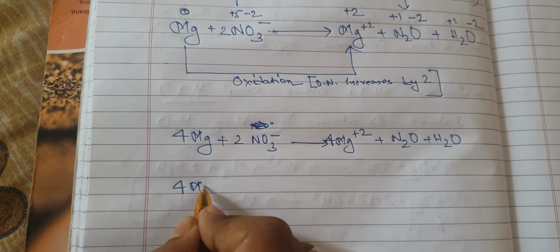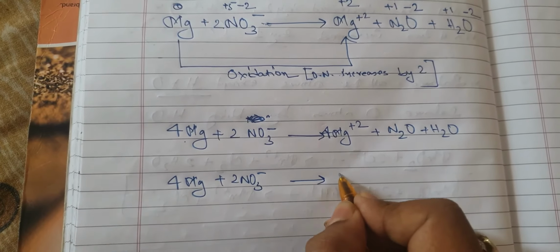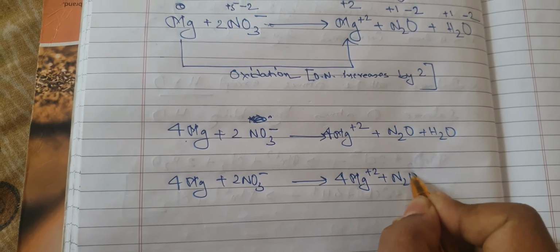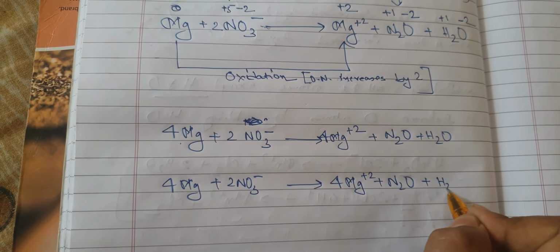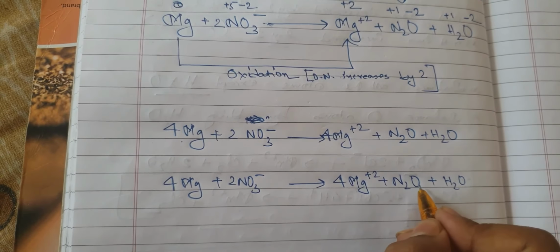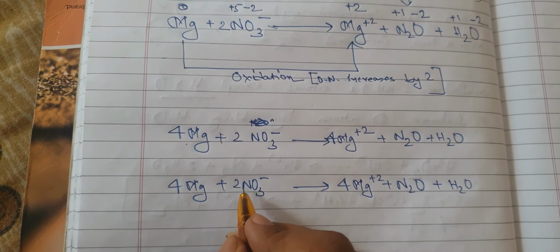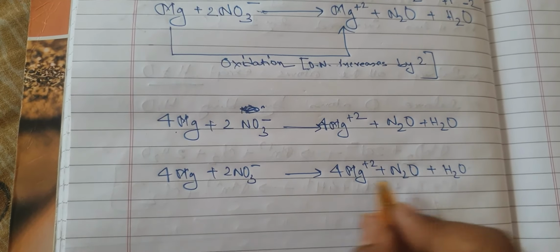So 4 Mg plus 2 NO3 minus gives 4 Mg plus 2 plus N2O plus H2O, plus 4 H2O you should write, because 1 H2O here gives 1 oxygen, and here there are 6 oxygen.